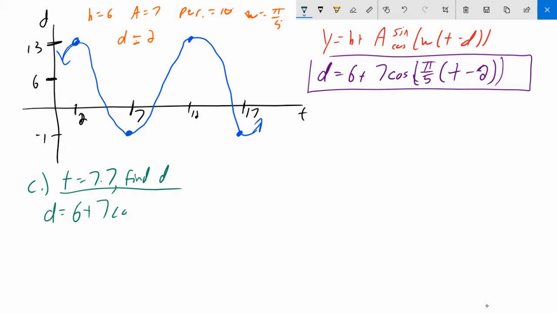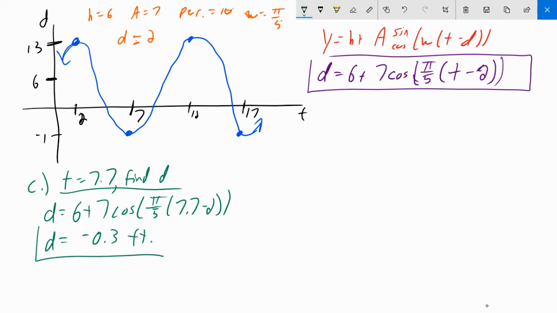Distance is going to be 6 plus 7 cosine pi over 5, 7.7 minus 2. Take a moment, plug that in, make sure things are working, make sure you're in radian mode. Your calculator must be in radian mode for this. You should get about negative 0.3 feet on that. And if you're not, you need to talk to me, figure out what's going on.